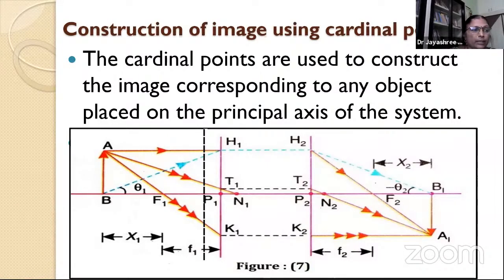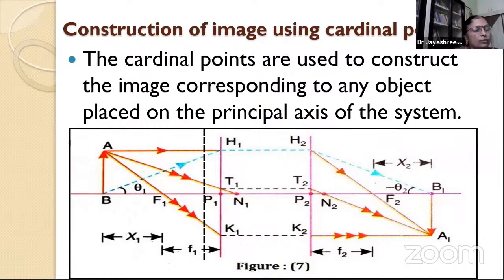As I have given you the idea behind the principal points and principal planes, we consider all these points, whether principal points, focal points, or nodal points.